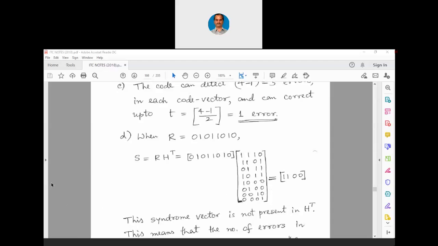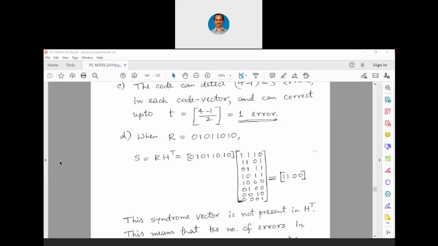For example, now this is a 4-bit syndrome. A 4-bit syndrome means we should have 16 vectors here. Now leaving out 0, 0, 0, 0, we should have at least 15 vectors here in the H transpose. If all the 15 are present, then it is possible to detect all the errors and correct all the errors.